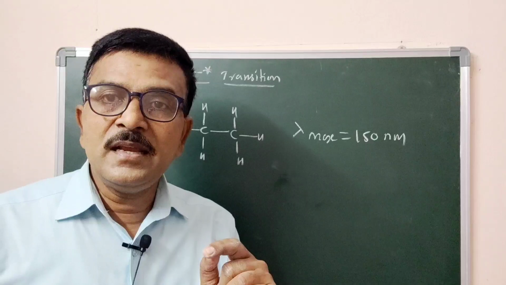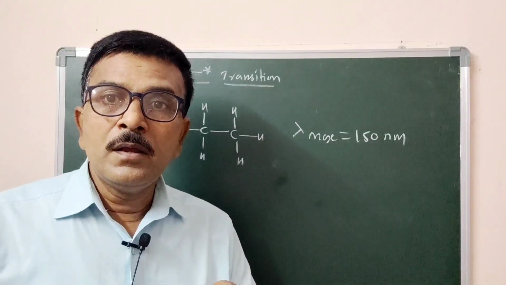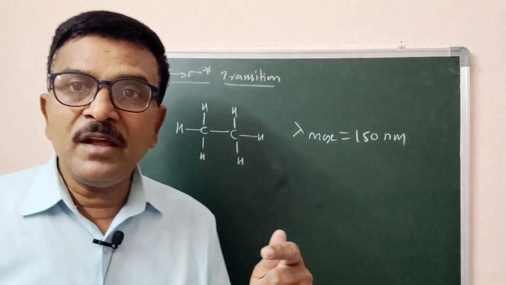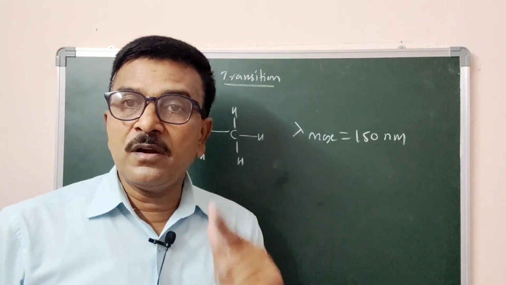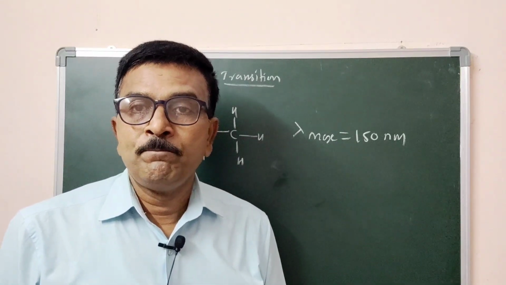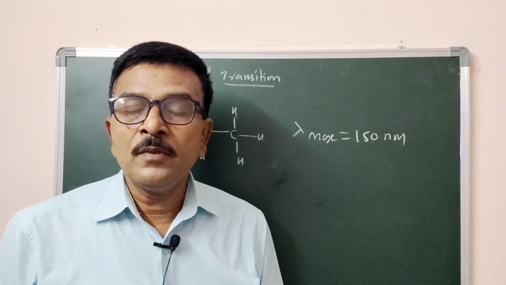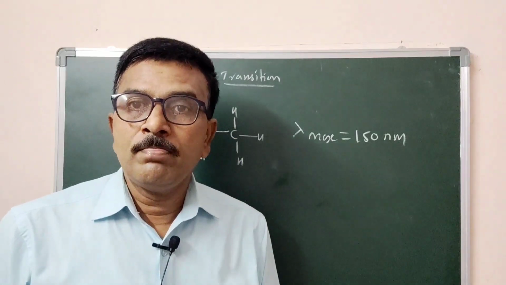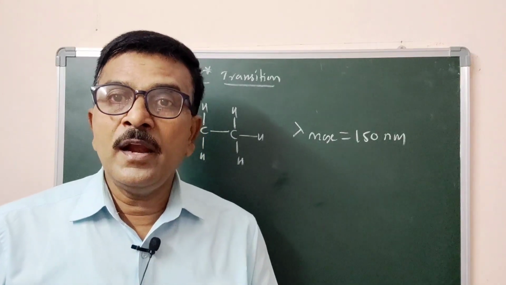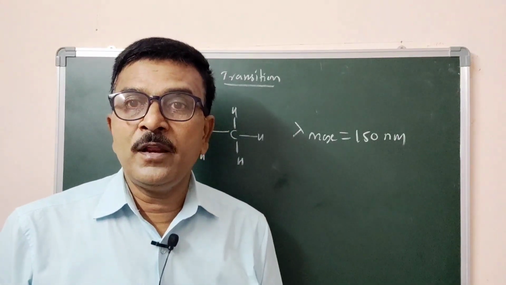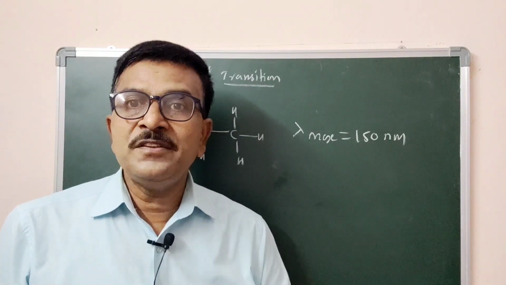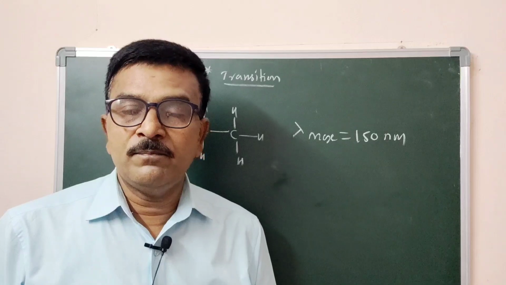Now this energy is not available in the instrument. The energy required for sigma to sigma star transition is not available in the instrument, as we are providing ultraviolet energy corresponding to 200 nanometer to 750 nanometer to the sample. There is no energy of less than 200 nanometer.